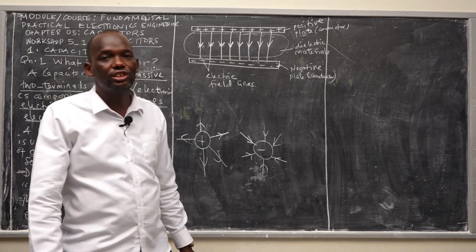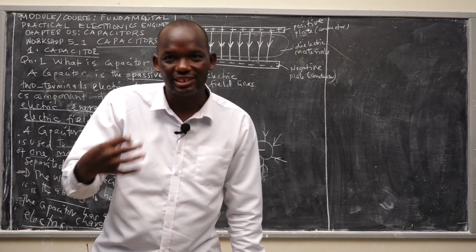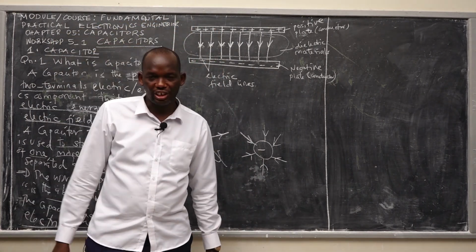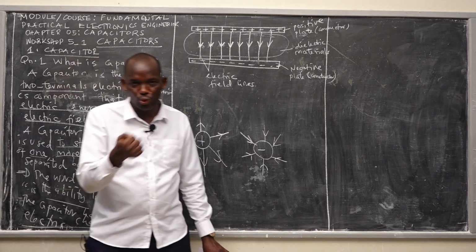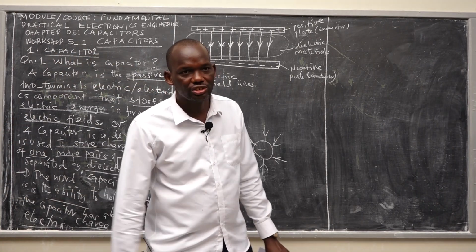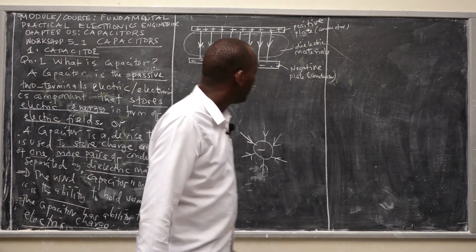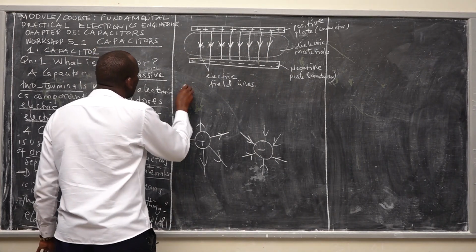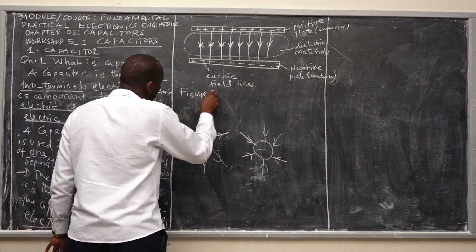The function of the dielectric material is to increase the capacitance of the capacitor, to increase the ability of the capacitor to hold the electric charges. Are we together? So this is figure 1.